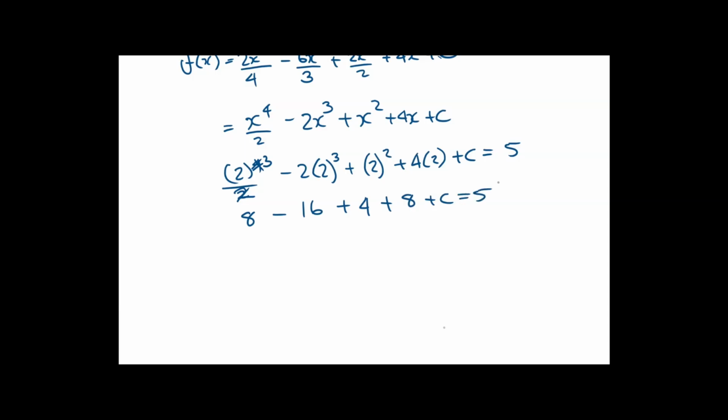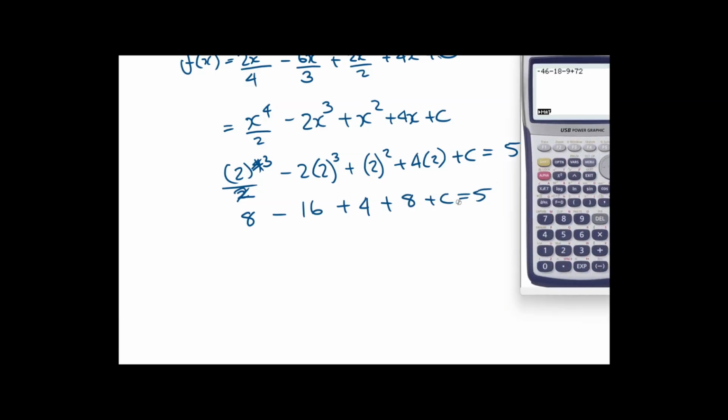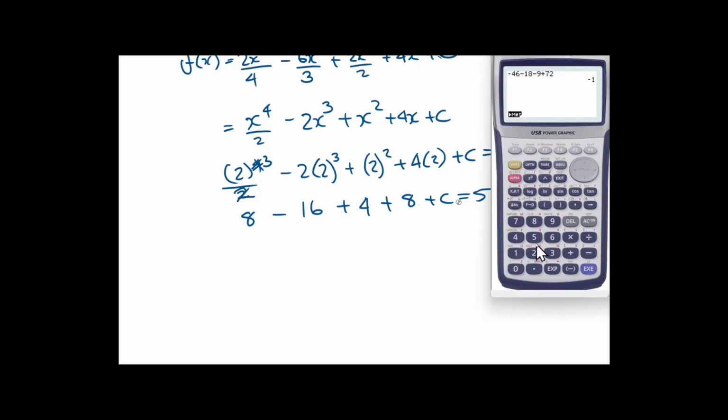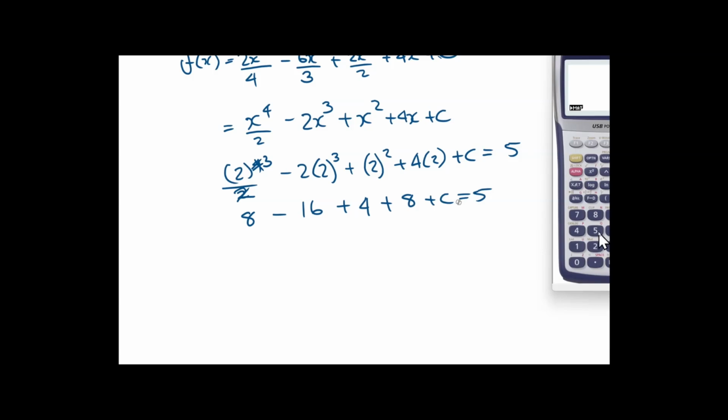Now we're on the right track. So all those 2's floating around going into negative. So we've got to clear 5 minus 8 plus 16 minus 4 minus 8. That's going to give us c, and c is 1. So c is 1.